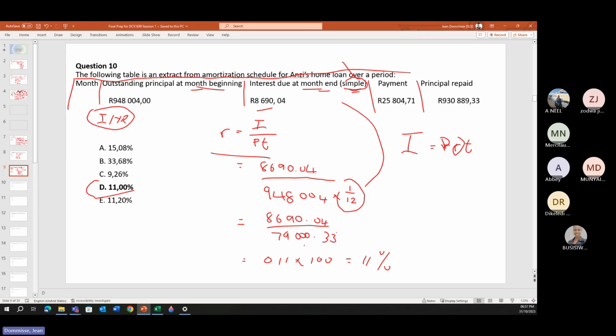What they could have done in this instance as well is they could have given you the interest rate and left out the interest that you need to work out. So by just shifting the formula a bit around, one can get to that.